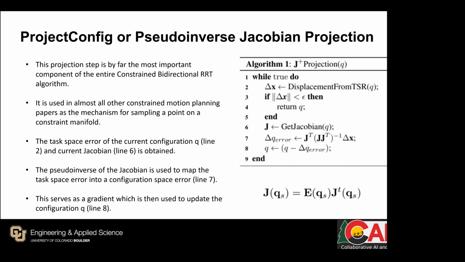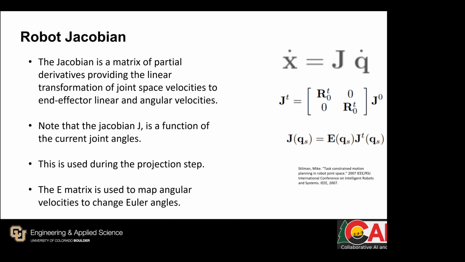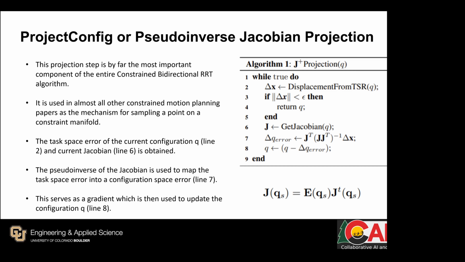But if it isn't, then you take the Jacobian of your current configuration and generate the pseudo-inverse that inverts this mapping, so that you can move your task space error into a configuration space error, which can then act as an update term that moves your current configuration ideally to a new configuration that is closer to or onto your constraint manifold.